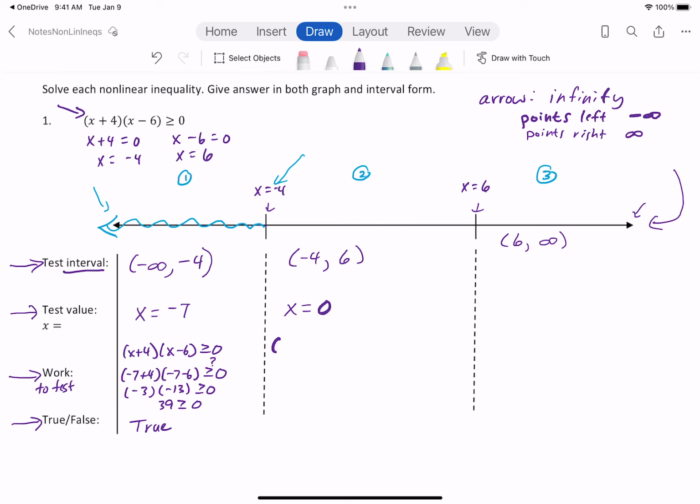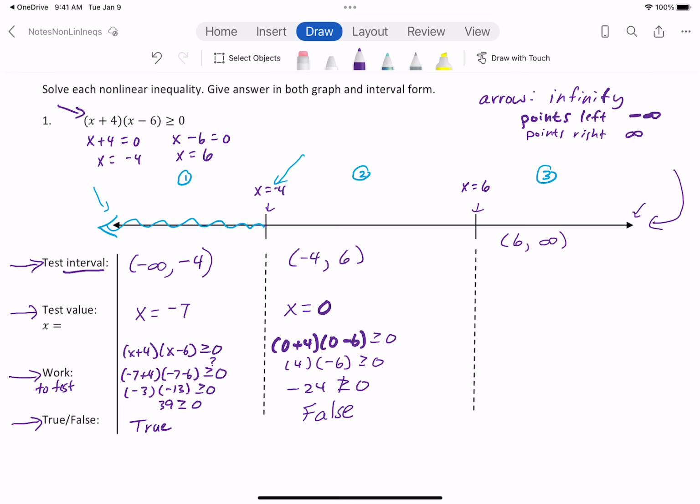So then to test it, we have (0 + 4)(0 - 6), and we want to know if that gives me something bigger than or equal to 0. So I get 4 times -6 is bigger than or equal to 0, and that's -24 bigger than or equal to 0, and a negative number is not bigger than or equal to 0.